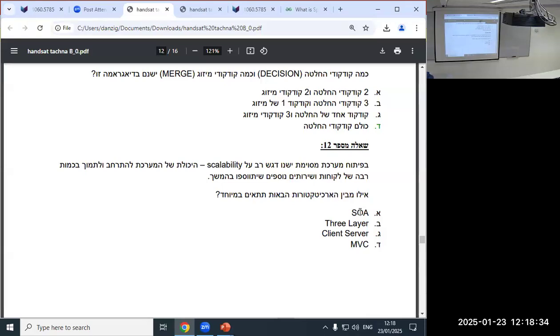I guess it's scalable. What does service-oriented architecture mean? It means that we divide our server into large scale services, not small scale services. A large scale service would be handle everything to do with credit card billing. All the credit card functionality is on one machine, one server.